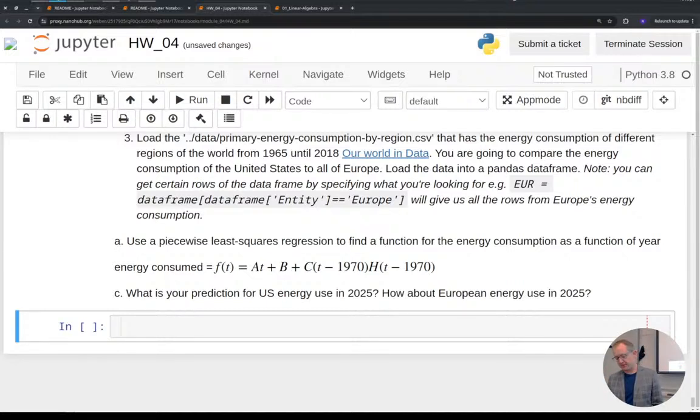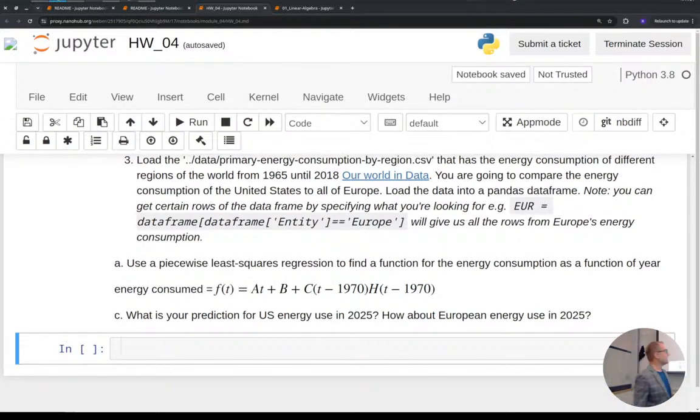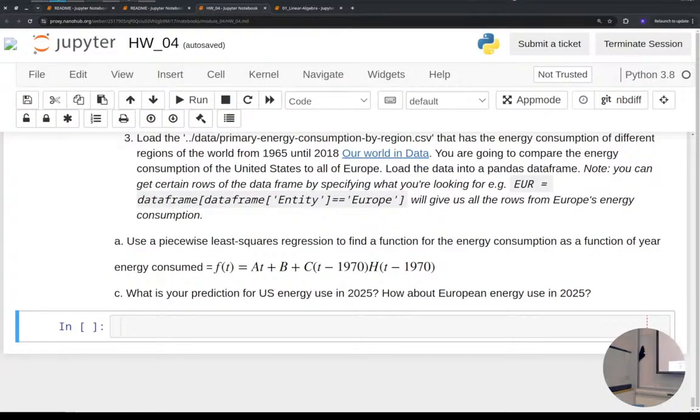This was an example. The main thing, usually the missing piece, is that t minus 1970. Because if you just try to do a Heaviside function with times t, it looks like the slope doesn't change.